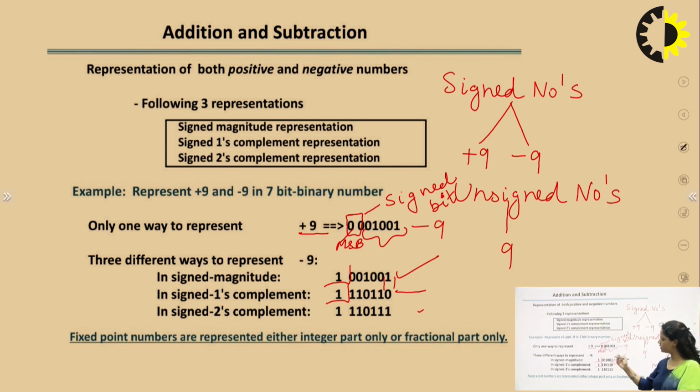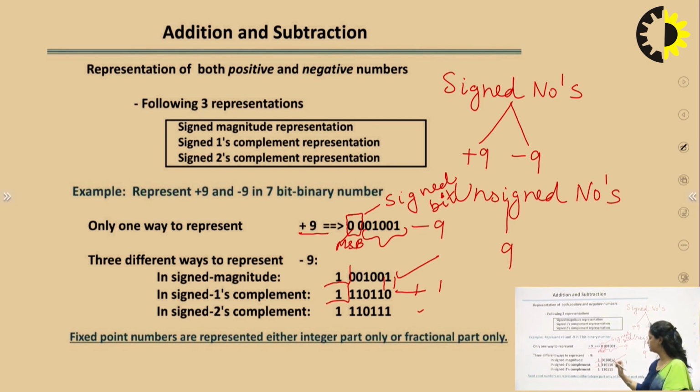And for the same number -9, we can use 2's complement representation also. Now in 2's complement representation, first we have to add 1 to the 1's complement representation. That is the way we find the 2's complement: by inverting the bits of the actual binary code and then adding 1 to that code, we will get the 2's complement of a number.